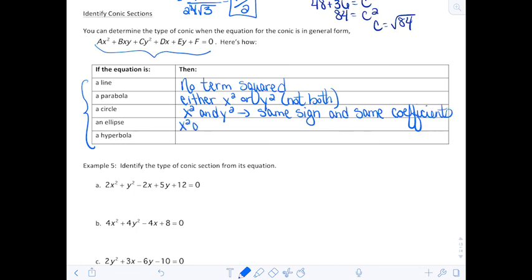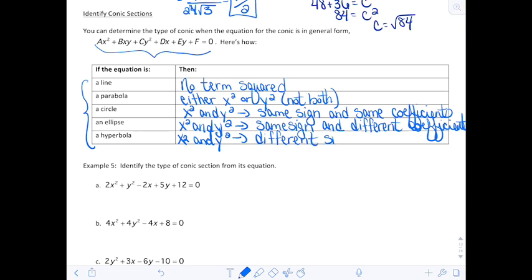For an ellipse, you have an x squared and a y squared again, but they have the same sign, both positive, but they have different coefficients because, again, there's a major axis and a minor axis, so there's not one radius all the way around. A hyperbola, you do have an x squared and a y squared. You just simply have different signs. One is positive and one is negative, and that's a giveaway for a hyperbola.